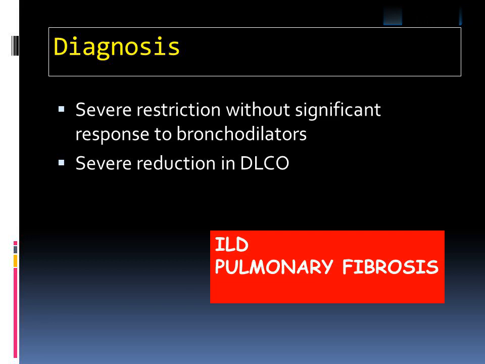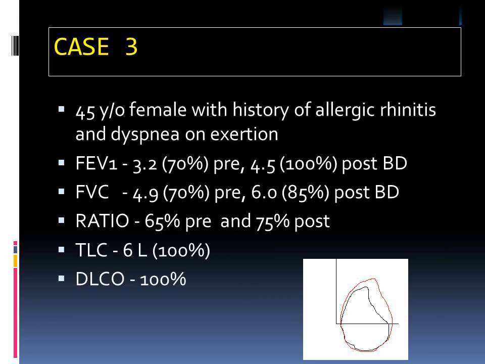Case 3: 45 year old female with a history of allergic rhinitis and dyspnea on exertion. FEV1 3.2, 70% pre; 4.5, 100% post-BD. FVC 4.9, 70% pre; 6.0, 85% post-BD.